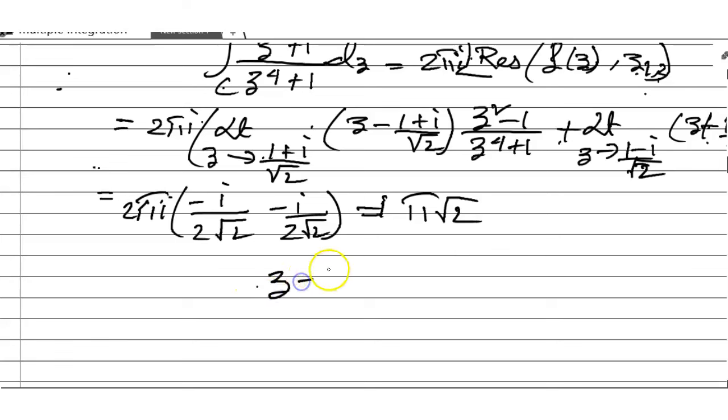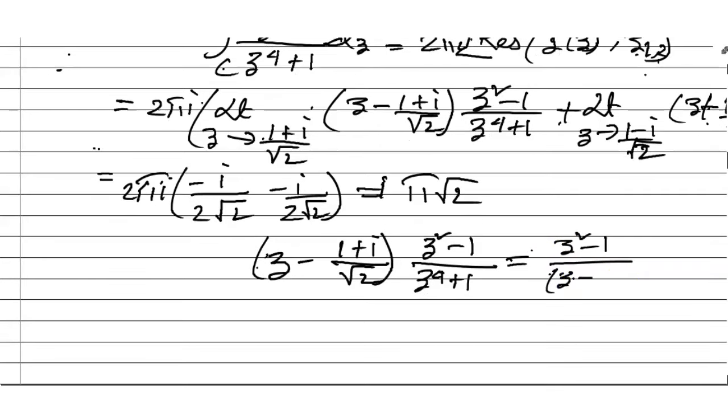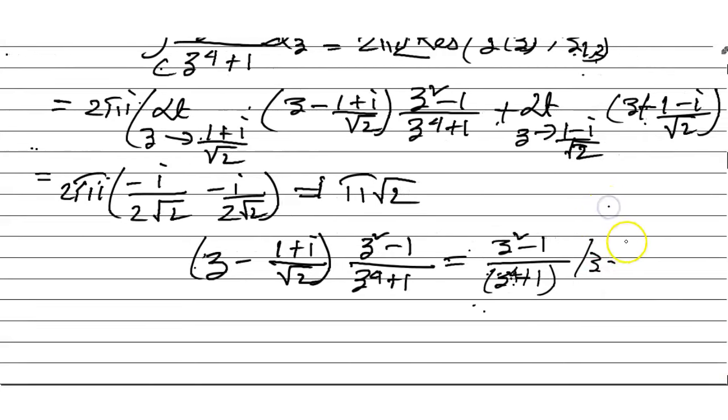Because you must remember z minus (1 plus i) divided by root 2, and z square minus 1 divided by z to the power 4 plus 1 equals z square minus 1 over z square into z to the power 4 plus 1 into z minus (1 plus i) divided by root 2.